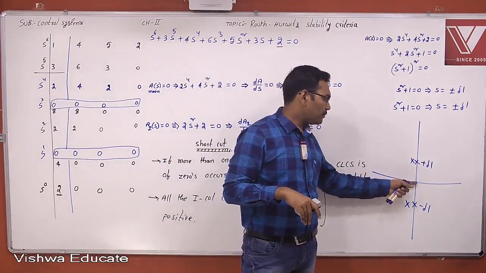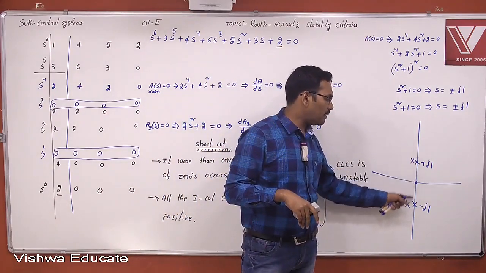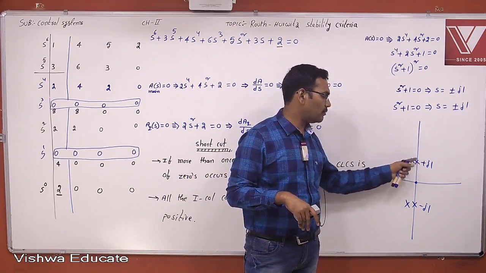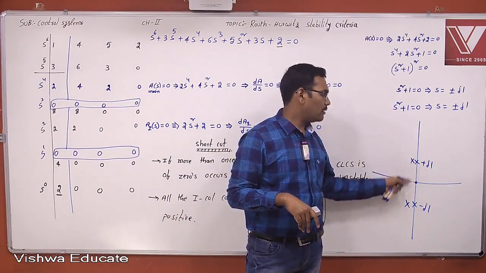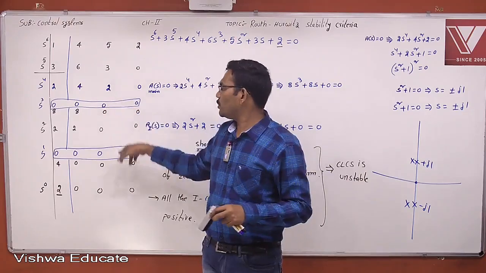Now here, the poles are symmetrical with respect to the origin on the imaginary axis, but they are repeated, therefore 2 times the row of zeros occurs.